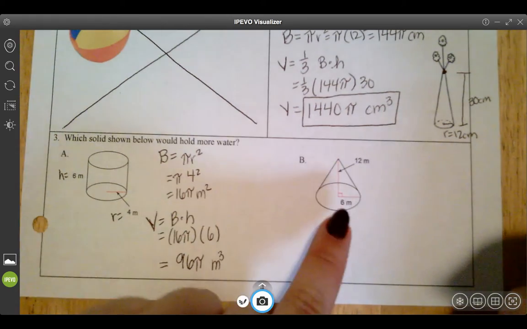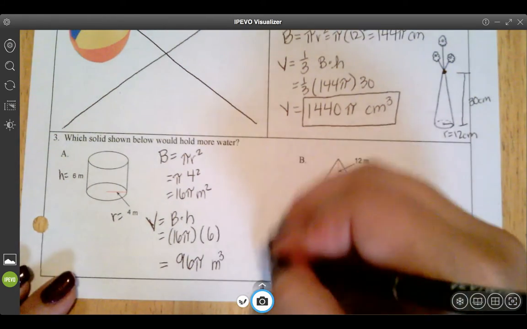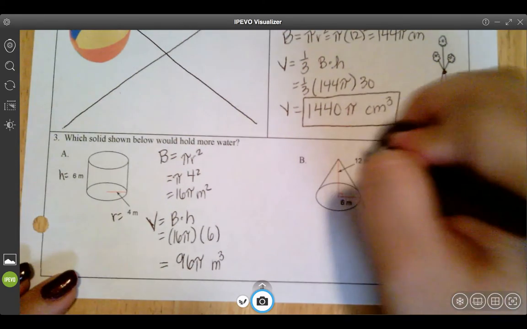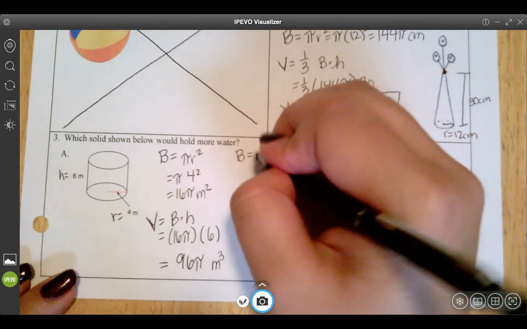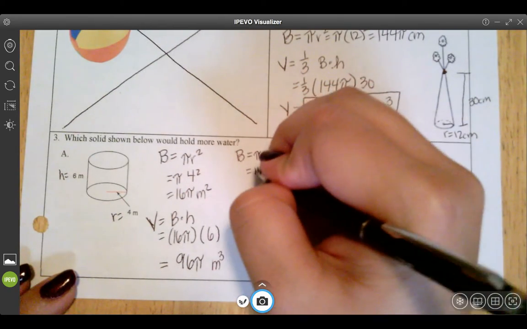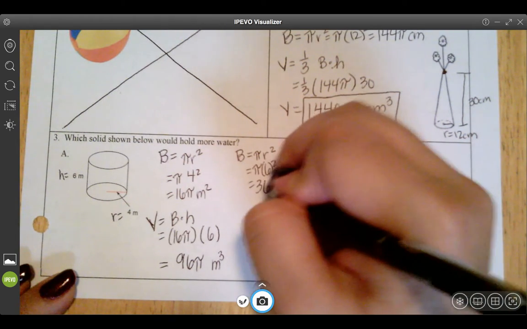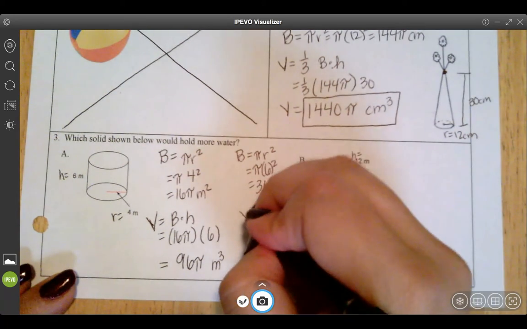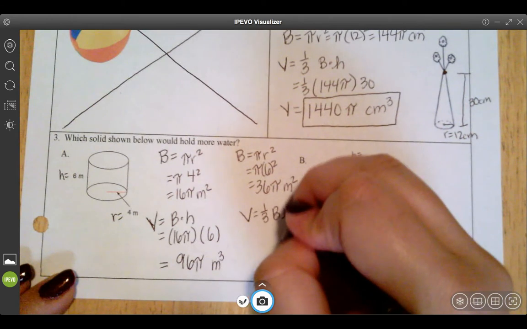And we want to compare that to this here cone. So our cone, I'm going to do it on this side just so we can compare the process. Our cone has a radius of 6 and a height of 12. Our base is also a circle, pi r squared, with a radius of 6. So that's 36 pi squared meters. But just because it has a bigger base does not mean it has a bigger volume, because this is a cone. So our formula for volume is 1/3 base times height.